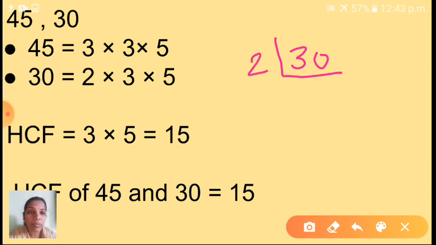Okay, so how many 2s are 30? Very good, 15 2s are 30. And this 15, which prime number will come here? Yes, 3. This 15 is an odd number, so we can't divide by 2, but we can divide by another prime number, that is 3.